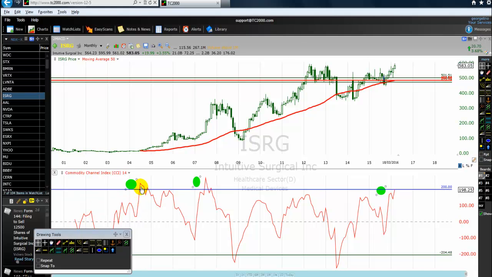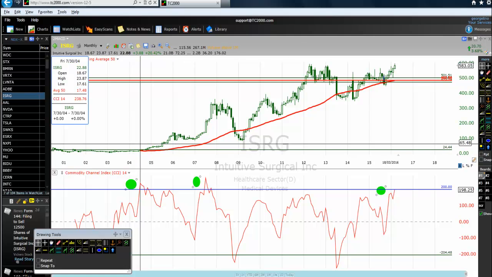So we have here one scenario: it goes above the level of positive 100, or below negative 100. I want to talk now about when it goes above the level of positive 200. When the CCI goes above positive 200, we draw a line to highlight the price point where the CCI goes above positive 200 for the first time.